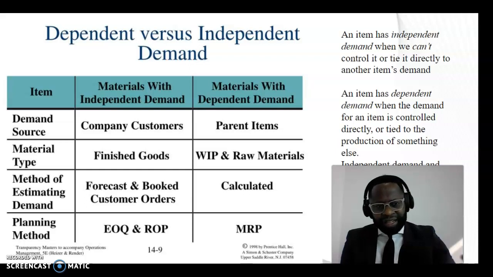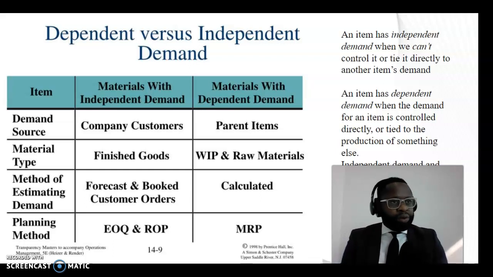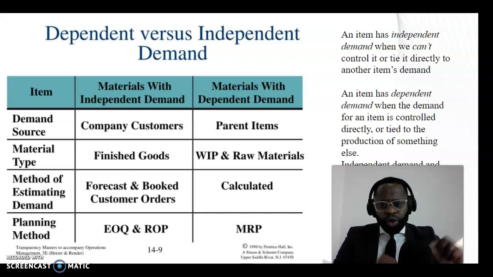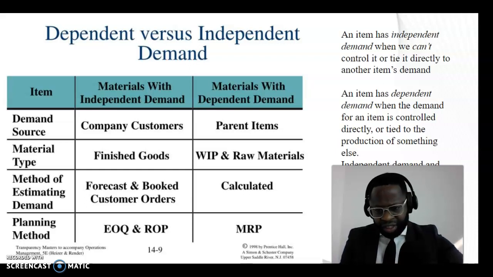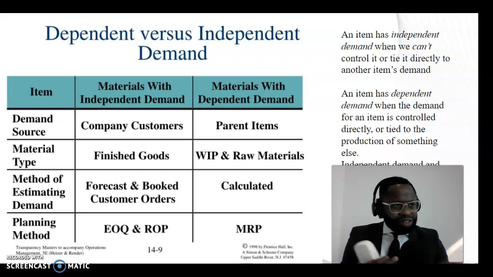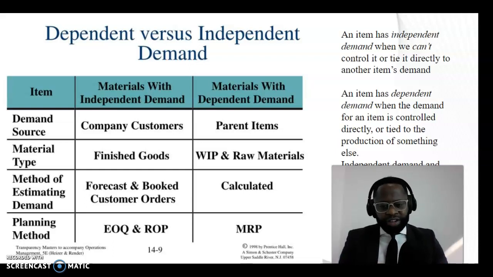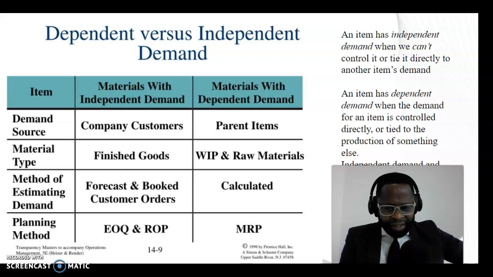I'm just selling these items, and I'm selling them based on what the market wants, what the market needs. Maybe the market needs this type of eyewear, all right? Maybe the market needs this type of phone or whatever, right? So that is independent demand, right? One item is not dependent on the demand of another, right? So there's no manufacturing happening, so there's no nomenclature of items, right, bringing together one item or one assembly, right? That you will find in dependent demand inventory.